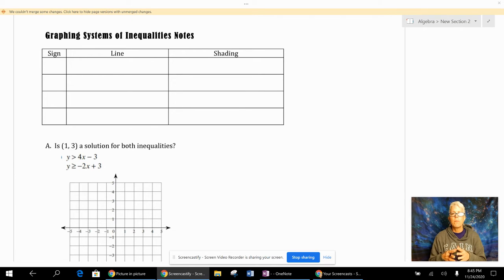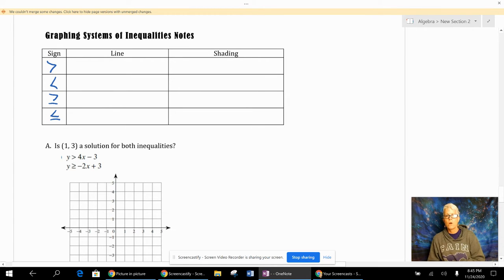As far as the graphing, it'll graph it, but it might not shade it. So let's talk about the symbols and what they mean so that you have a better understanding of this. And then we'll apply it to systems of equations. If you look in your notes, you could have either a greater than symbol, a less than symbol, a greater than or equal to, or less than or equal to.